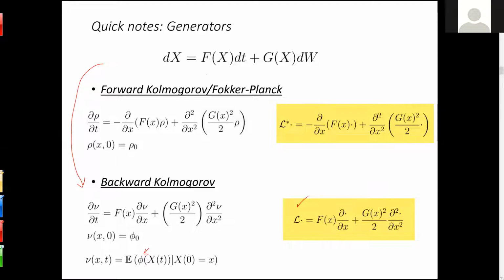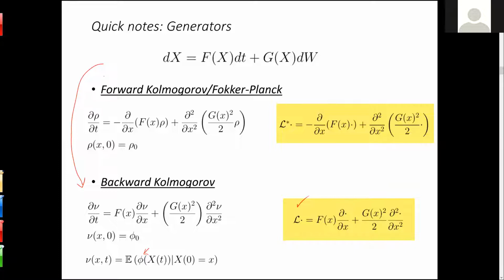So you can look at the SDE, or its counterpart, the backward Kolmogorov equations, and do analysis on either. That's the beauty of these generators. If you know more about the PDE, then you can make analysis on the PDE, and it will give you some properties that an SDE has.